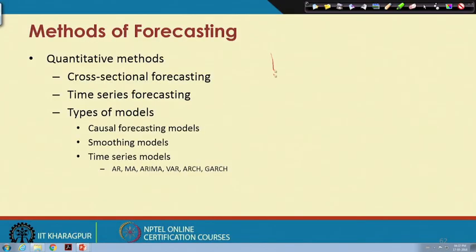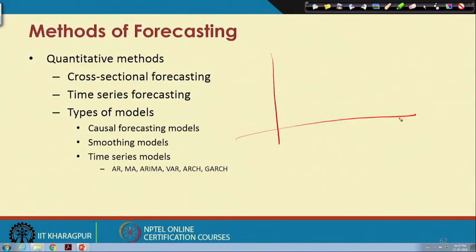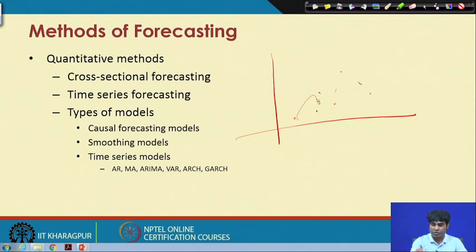For instance, it may be like this. Let us say there are some 100 observations, and all observations look like this. You can just put a trend like this. Now the way of forecasting is that you apply some technique, find a trend line, and extend this trend line.